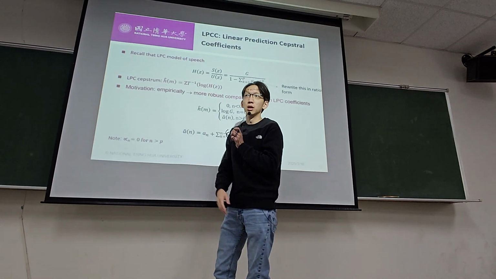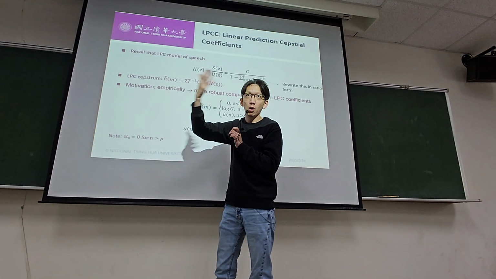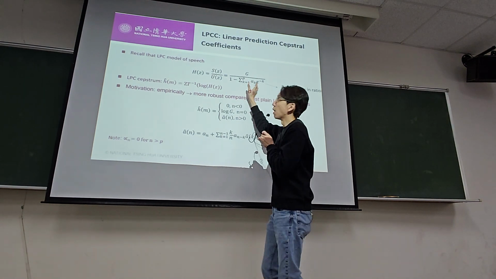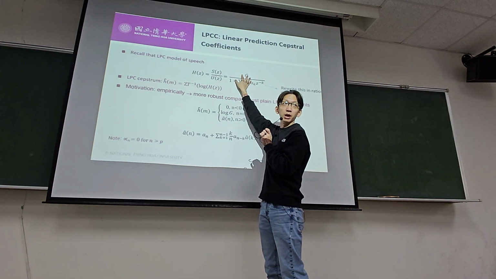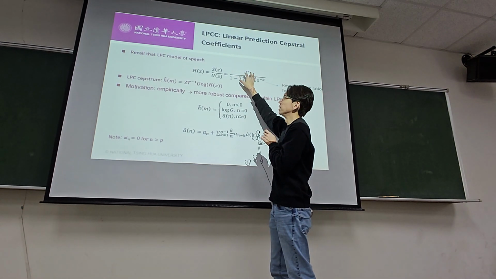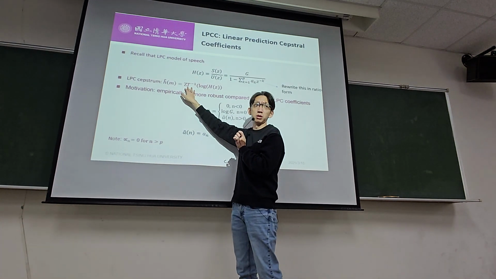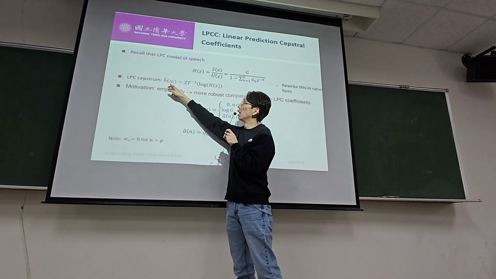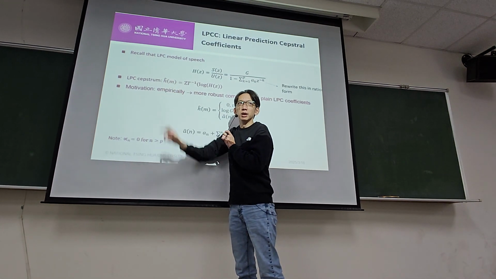When you have all that methodology to compute and finally derive a filter looking like this, if you want to find the cepstrum of it, you just apply the cepstrum formula to this by inserting a log, and then you get what we call the LPC cepstrum.